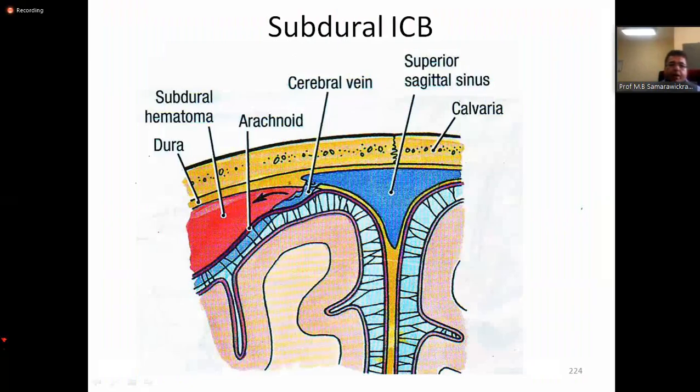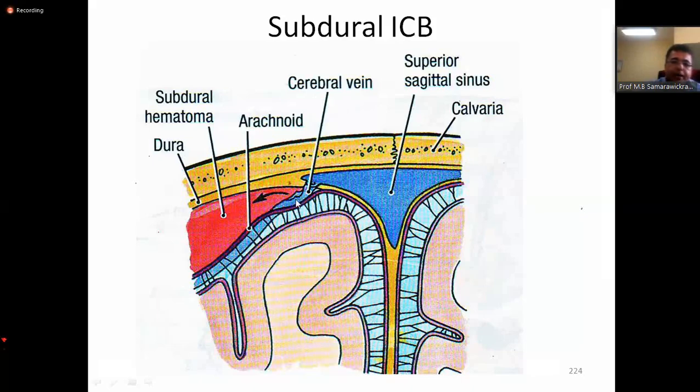Right. So this is subdural intracranial bleeding. Subdural means between the dura and the arachnoid. This is the most common type of hemorrhage in head injury, and it is due to injury to superficial cerebral veins.